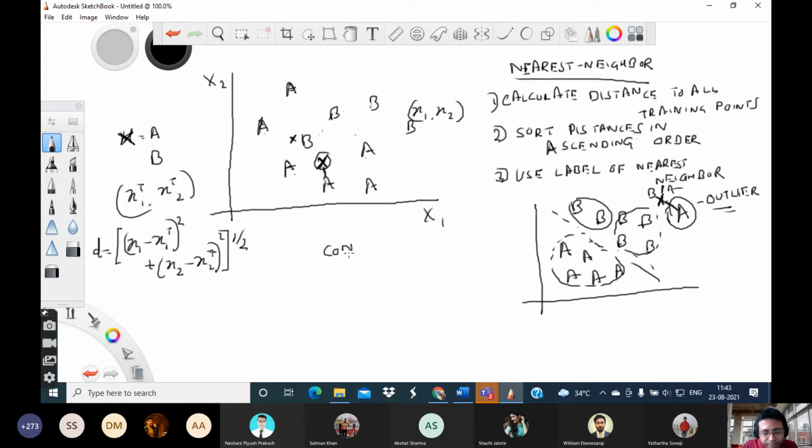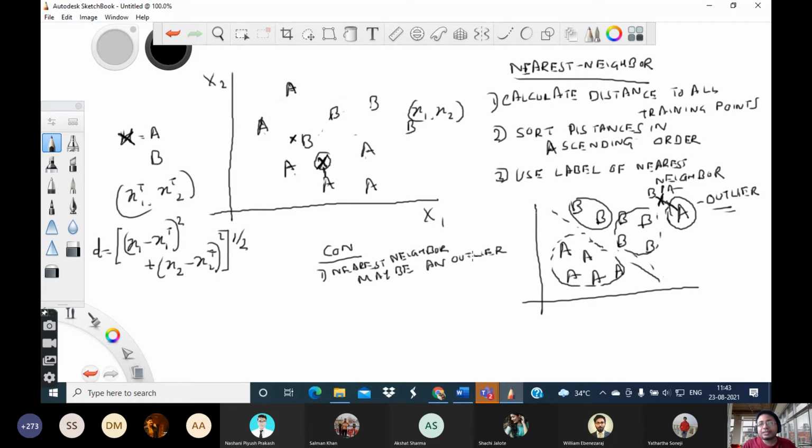What is the con? The nearest neighbor may be an outlier.